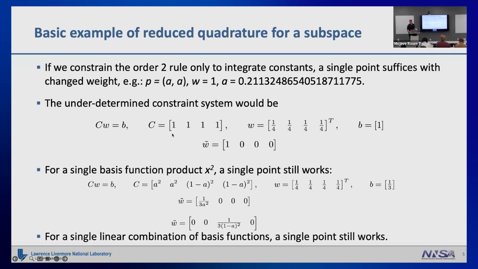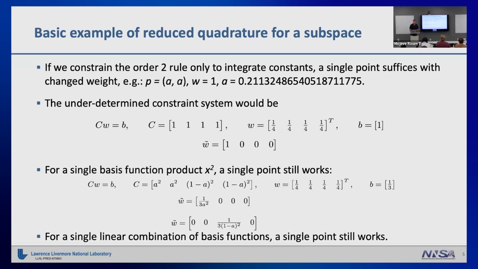So this is one equation for one basis function that's a constant. You solve this underdetermined constraint system and say you could just take 1 as your weight for that one point. So you reduce the number of quadrature points and also change the weights.